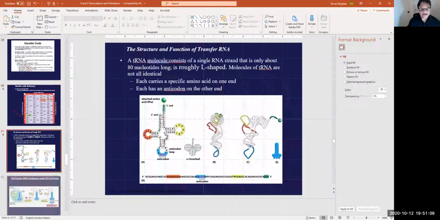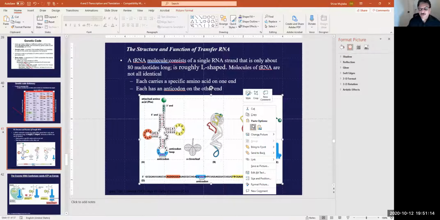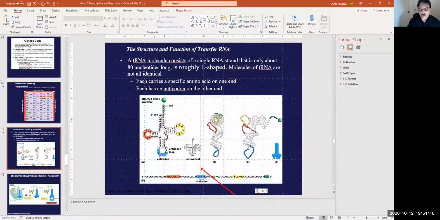So let's look at the tRNA. tRNA has a very unique structure, right? It looks like a clover leaf. What you will see here is a 3' end and a 5' end, and then you will see some bulging loops. These loops are formed because they are interspersed between double-stranded RNA.